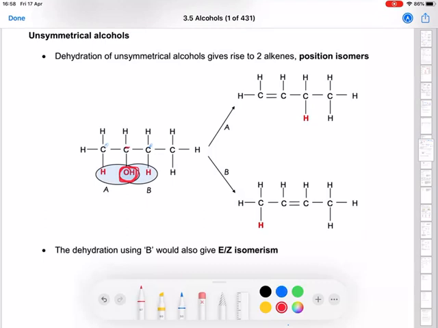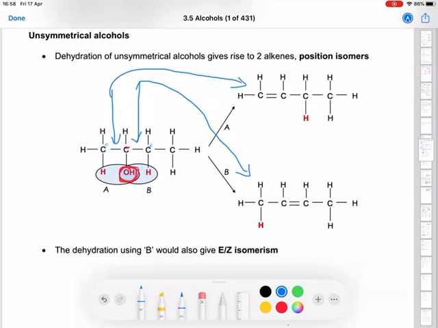Okay, so what that means is there's 2 possible positions where the carbon-carbon double bond can go. It could go in this position here, or it could go in this position here. If it goes in this position here, it's going to form that alkene there. And if it goes in this position here, it's going to form this alkene down there, according to the mechanism that we've just gone through.